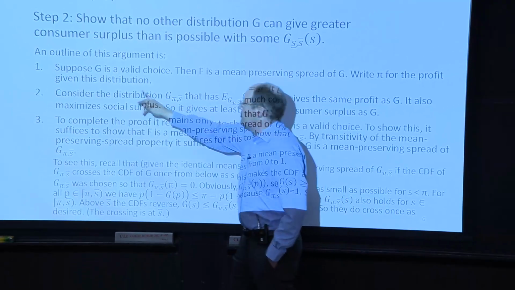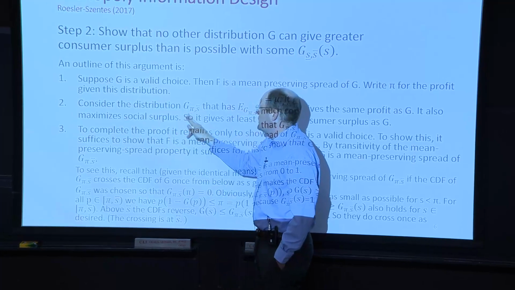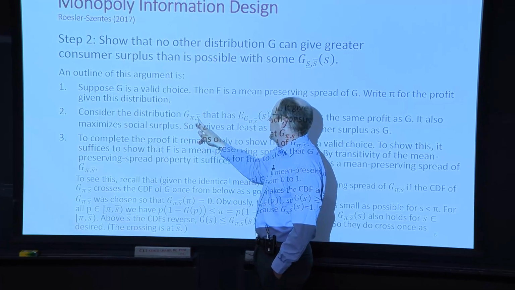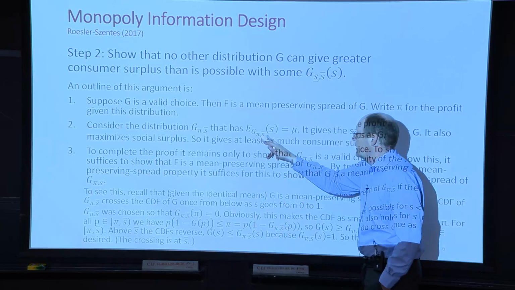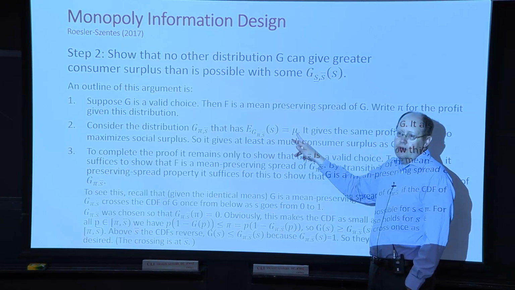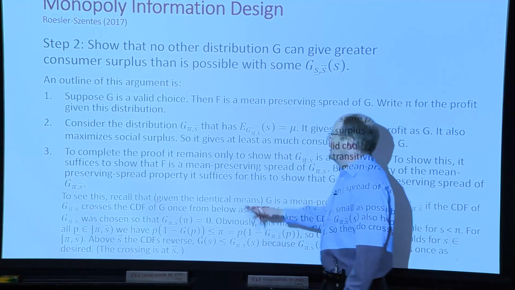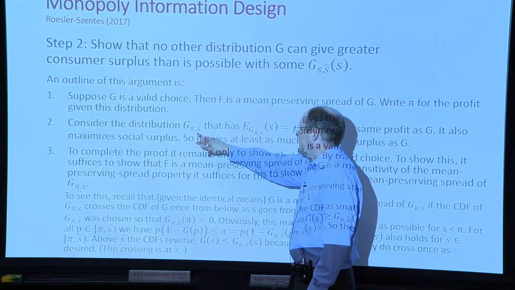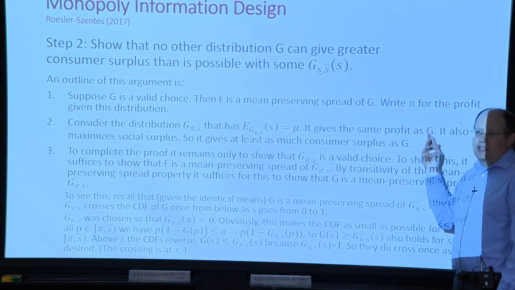Let pi be the profit that you earn when you use G. I'm going to consider the distribution G of pi, S upper bar, where S upper bar is chosen such that this thing has a mean of mu. This distribution G of pi, S upper bar, also gives the same profit as G, right?